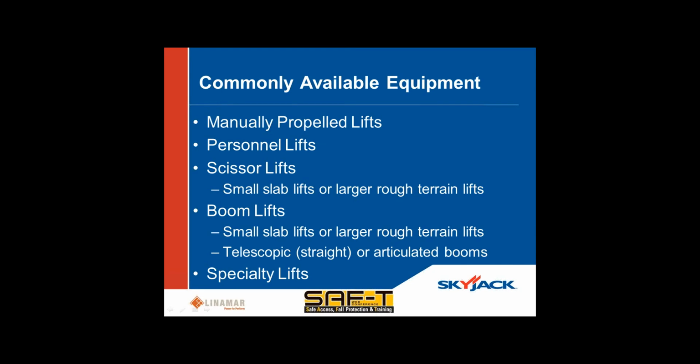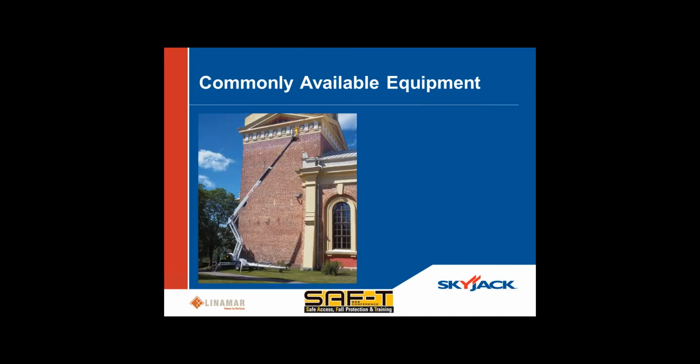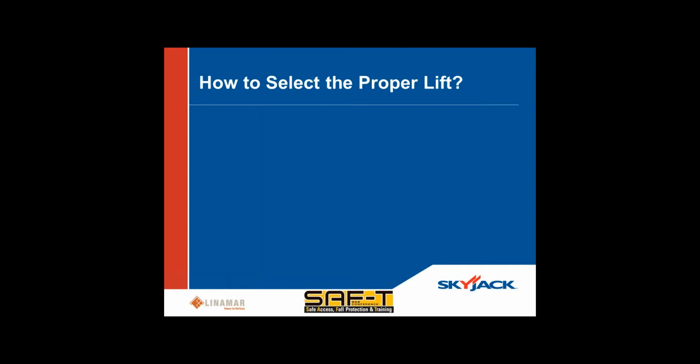And then finally, there are specialty lifts as well, different types of specialty lifts. One that's shown here is commonly known as a spider type lift, although there are many different types of those. That's a trailer mounted type, but in general, you can get many different types of lifts that are available for various specialty applications as well.